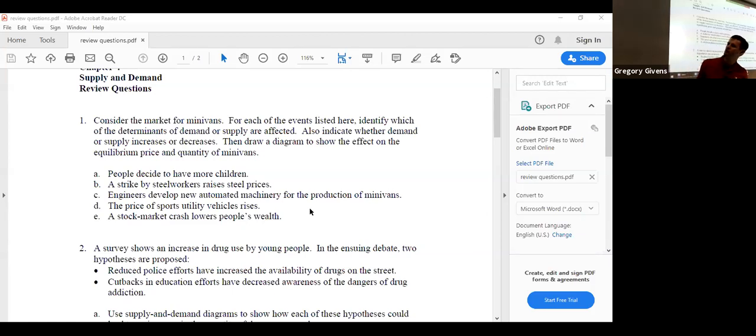How about engineers develop new automated machinery for the production of minivans? Does that affect supply or demand? Back row? It's going to affect the supply. Why?